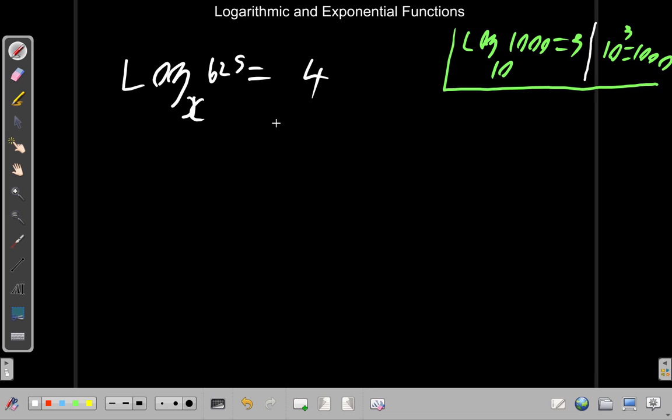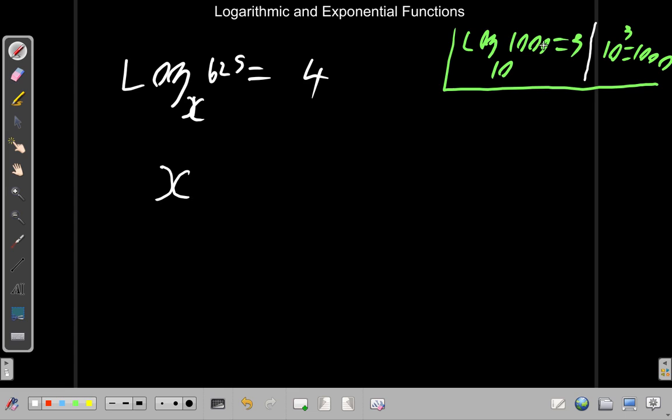Now, probably if we again rewrite this in index form, it could help us. So let's see how this goes. Here, the base of the log is 10. In index form, the base of the index is 10. It's the number you're raising to a power. If the base of the log is x, then in index form, you're raising it to a power.